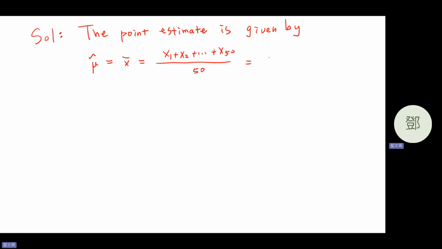So it is how many days on average? 54 days. That's the point estimate. All right.